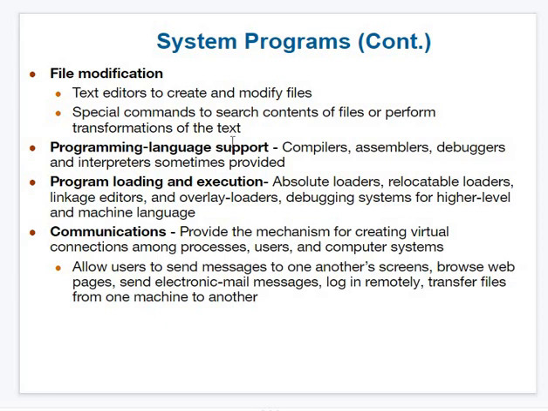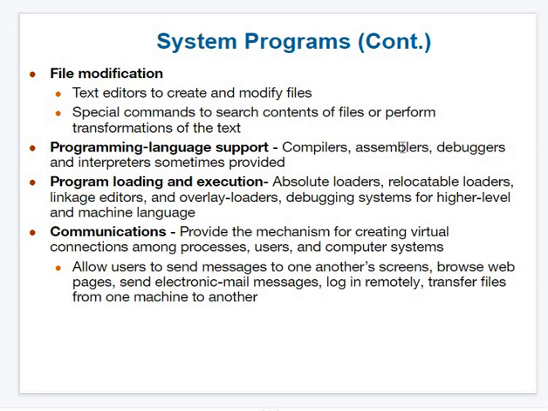With respect to files, we have some system programs. A text editor for editing text and modifying the content of a file. Then programming language support. If I write a C program and try to execute it with the Java compiler, it is not compatible. I have to select the C compiler, then I can execute the program I wrote in C language.